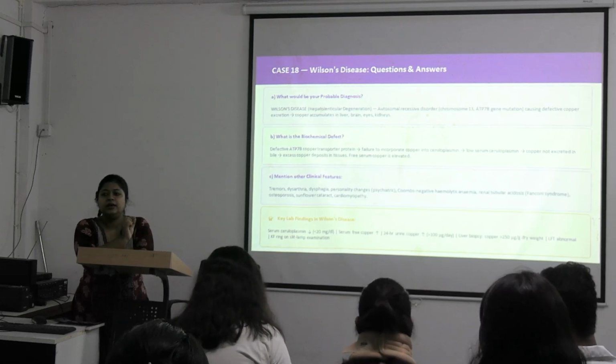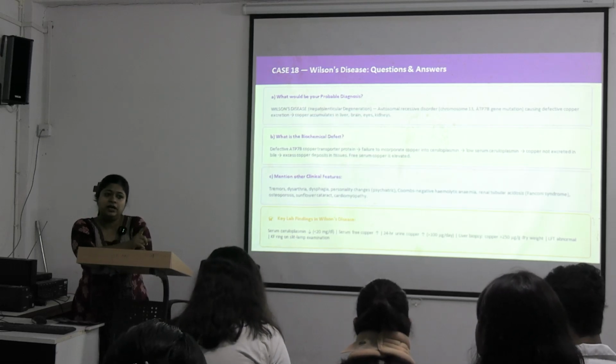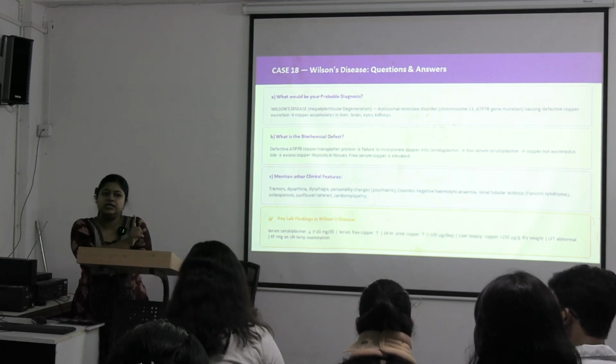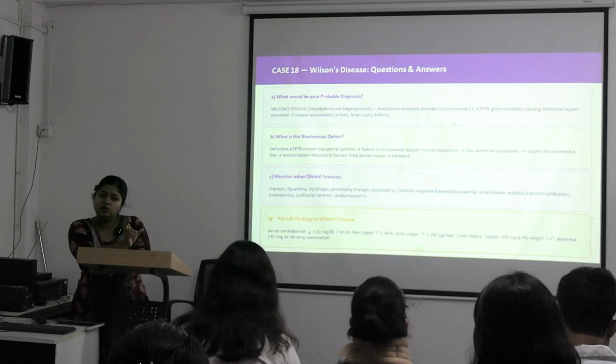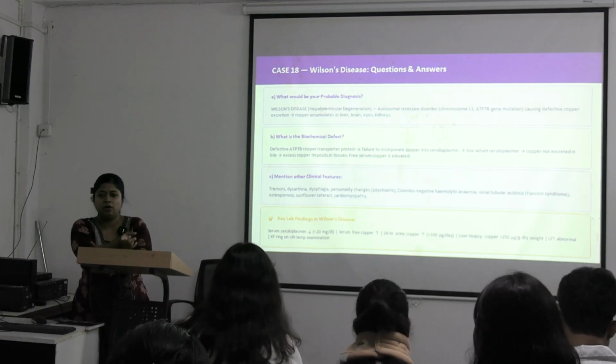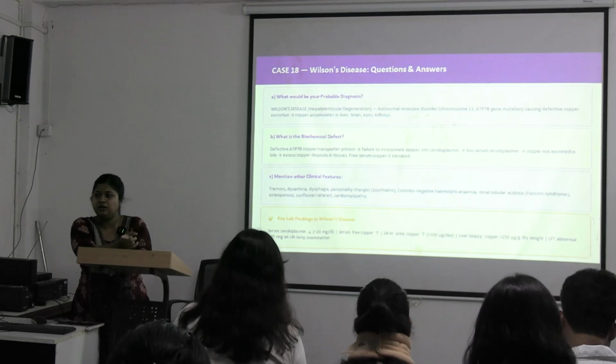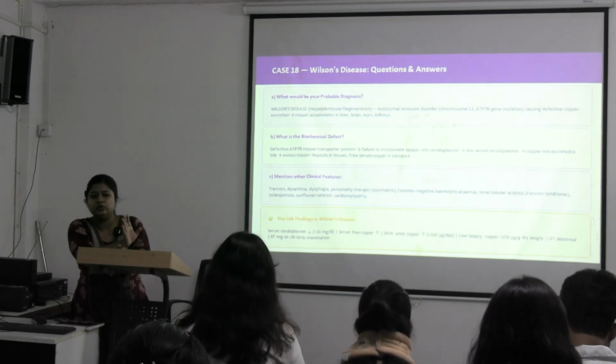If we estimate total copper, it will show a decrease because there is low ceruloplasmin, and total copper means ceruloplasmin bound copper plus free copper. So total copper will show a low value.